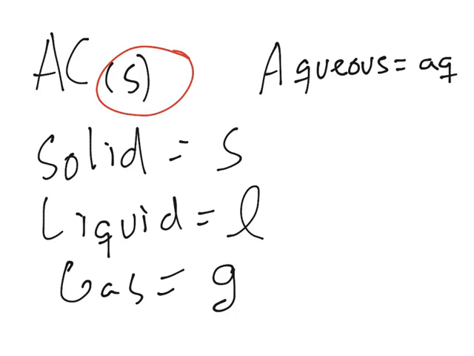Now let's go to the second representation of a reaction, and that is what we call a total ionic equation. What the total ionic equation represents is that all the aqueous compounds will be in their ion form.